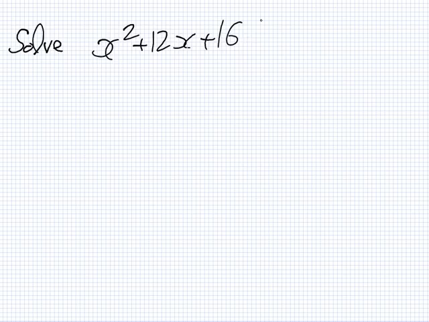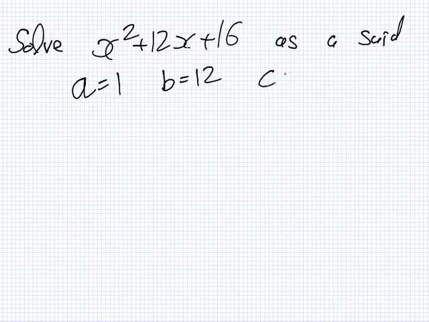Right, this one here. We want to solve this, and we want to give the answer as a surd. So in other words, no decimal places. Leave the answer with a root in it. Okay. A equals 1, B equals 12, C equals 16.